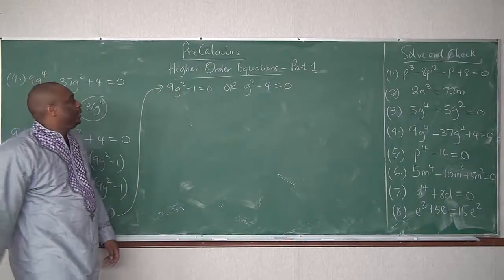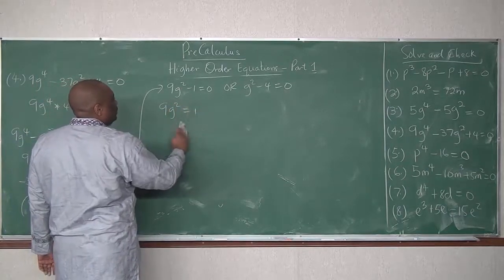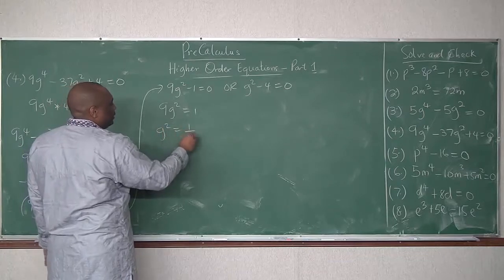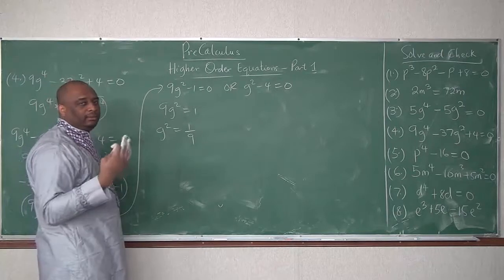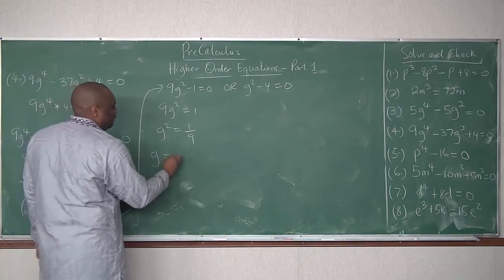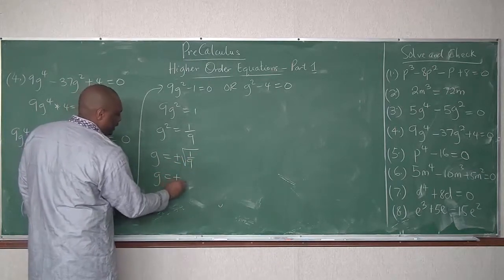This will be 9g squared equal to 1, and then g squared is 1 over 9. You have to do the square root property. So take the square root of both sides. This is plus or minus the square root of 1 over 9. So g is plus or minus 1 over 3.